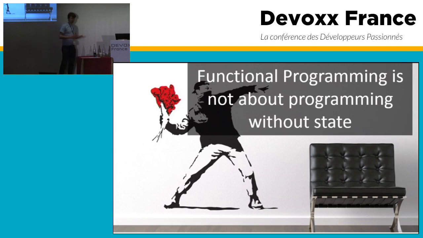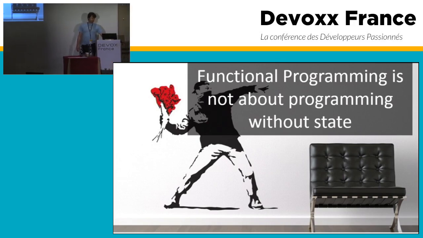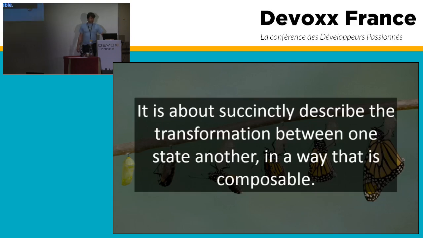How can you have a program if it doesn't have some kind of state? So I'm saying functional programming is not about that. What it is about is describing the transformation between one state and another, and doing that in a way that is succinct and composable.